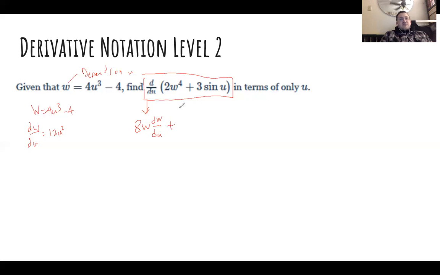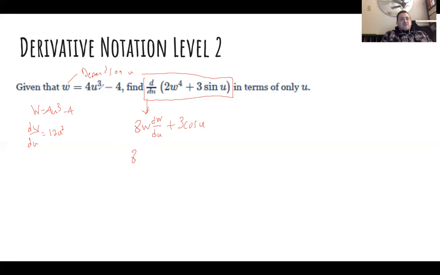Now, the second term here is a little more straightforward. This would be 3 cosine of u. Now, guess what? I have an equation for w and dw du, so I'm going to substitute those.